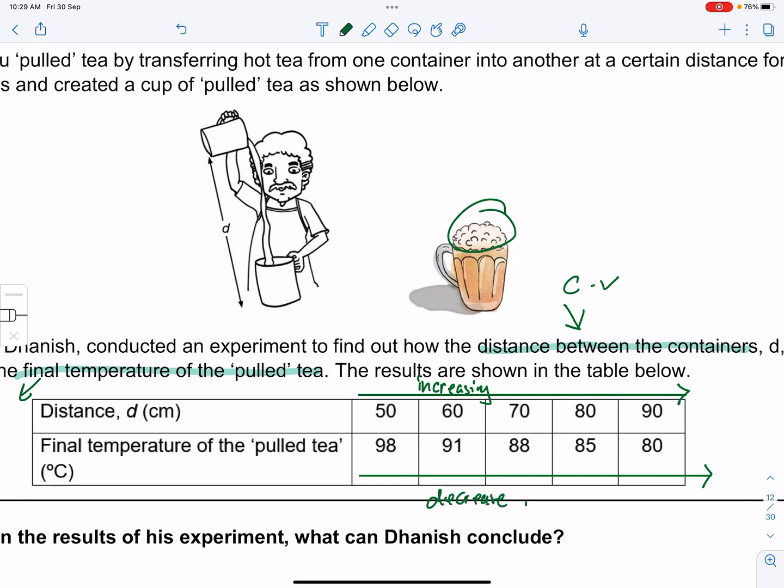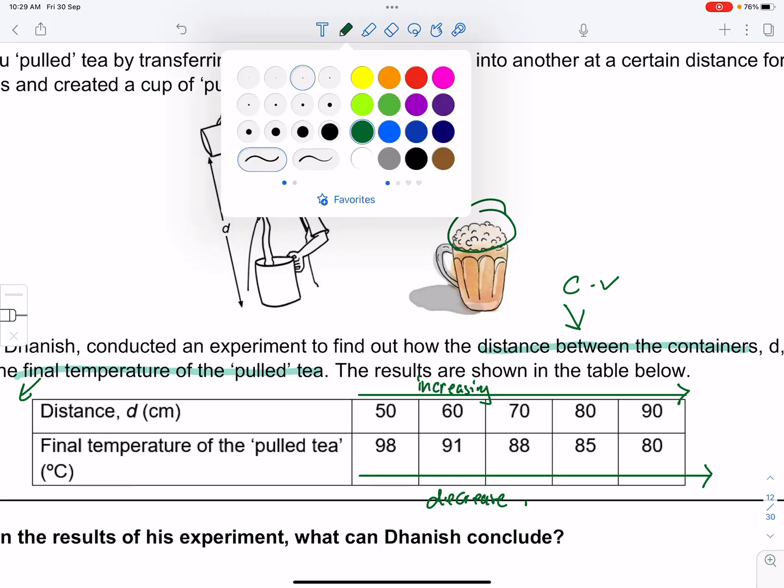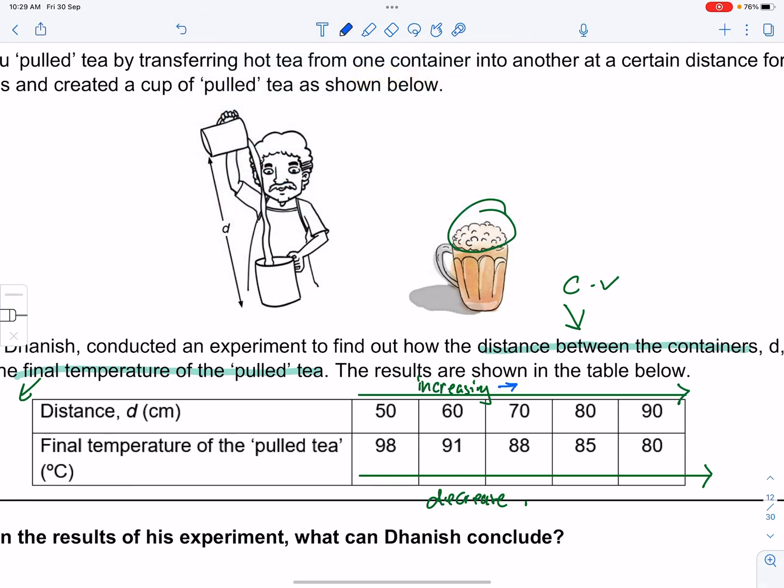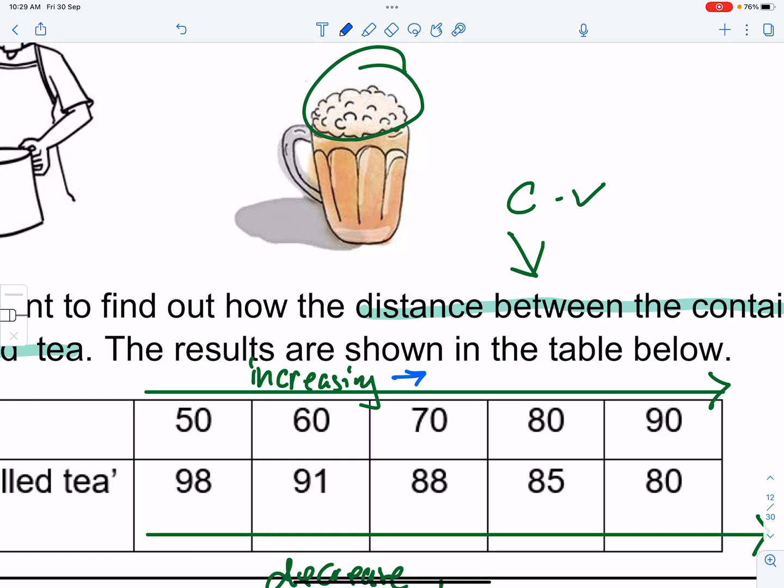Right? But wait, does this distance mean anything? Okay, this increase in distance actually translates, it's a proxy once again, it's actually talking about increasing exposed surface area to the surrounding.